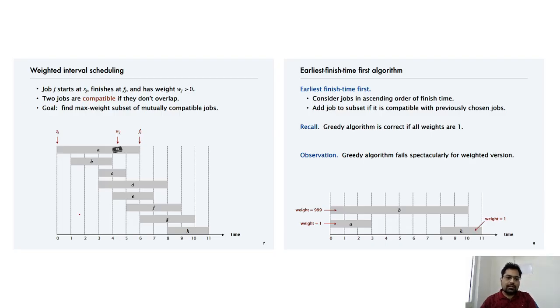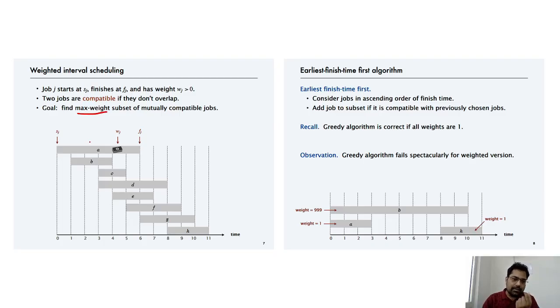So there are jobs, or tasks. As we started with interval scheduling, there we discussed tasks. The same thing applies here, but here we focus on one more thing. Instead of just picking the compatible ones, we are considering the maximum weight. It is clearly written here.